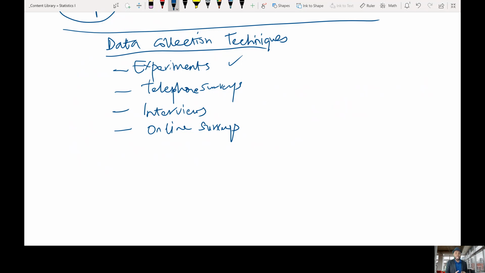Now, when we are conducting an experiment, we would have what is called a treatment group and a controlled group. And we may want to look at the relationship between the two. So we might conduct an experiment for COVID-19 to see the effectiveness of the vaccine.